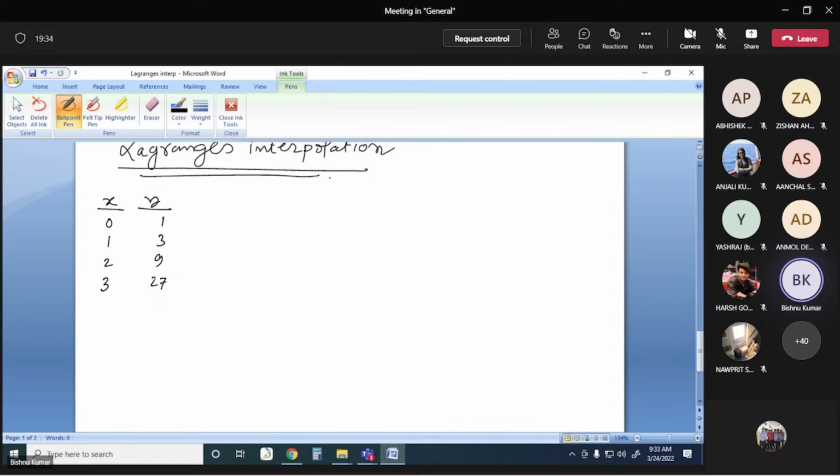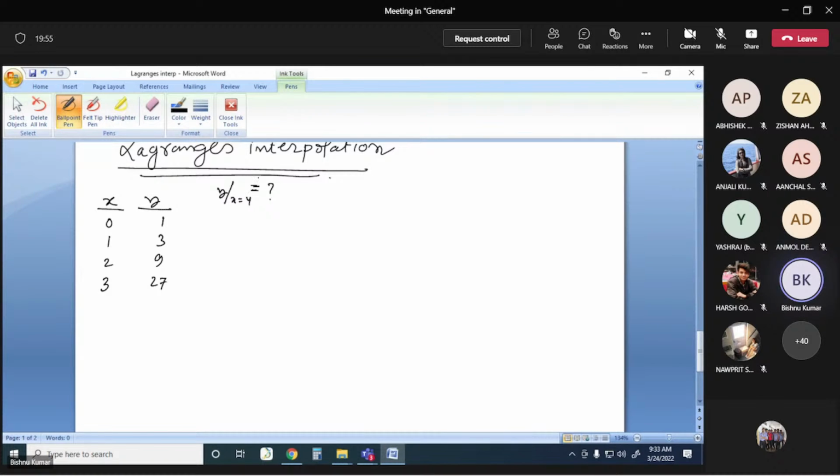This example you have done lots of times. If I ask you to find the value of y at x equals 4, obviously the suitable technique is Newton backward interpolation, but let us see what comes with the help of Lagrange's interpolation. I am giving you this example to help you remember that formula.